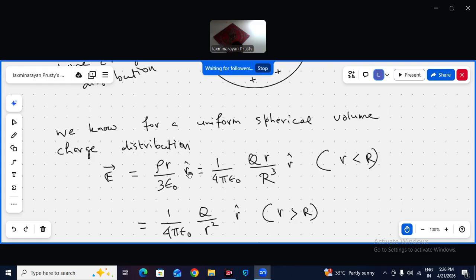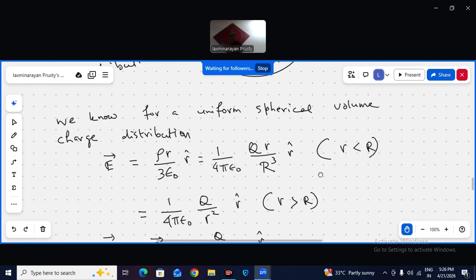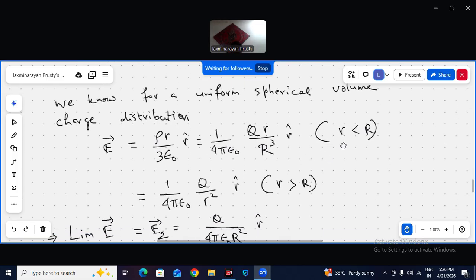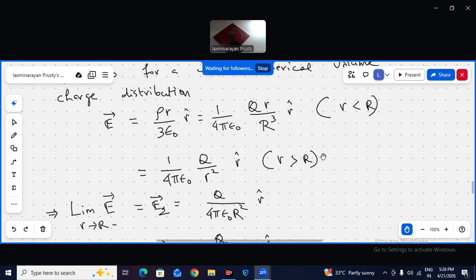So this is the expression either in terms of total charge or charge density, when r is less than R. When r is greater than R, it just behaves like a point charge at the center of the sphere, so that is 1 by 4 pi epsilon 0 total charge by small r square r cap, for r greater than R, where r is the distance from the center of the sphere.